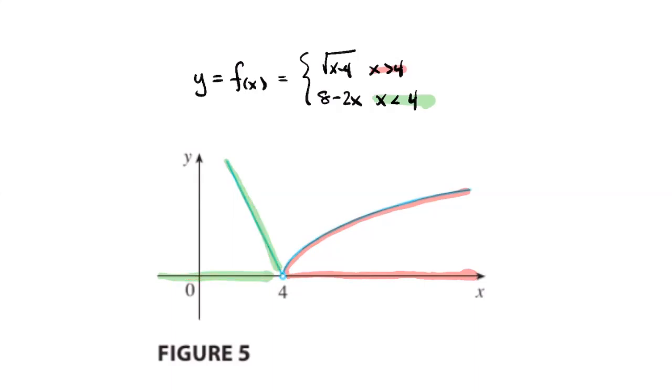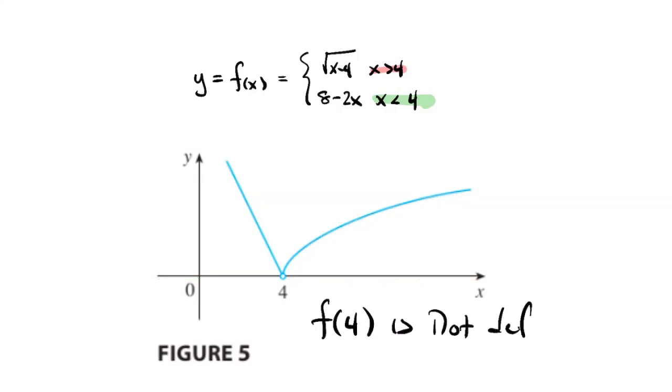Why does that function have a little circle there at 4? Well, f of 4 isn't defined. There's no value of the output at 4, but as x approaches 4 from either side, the output values approach 0.